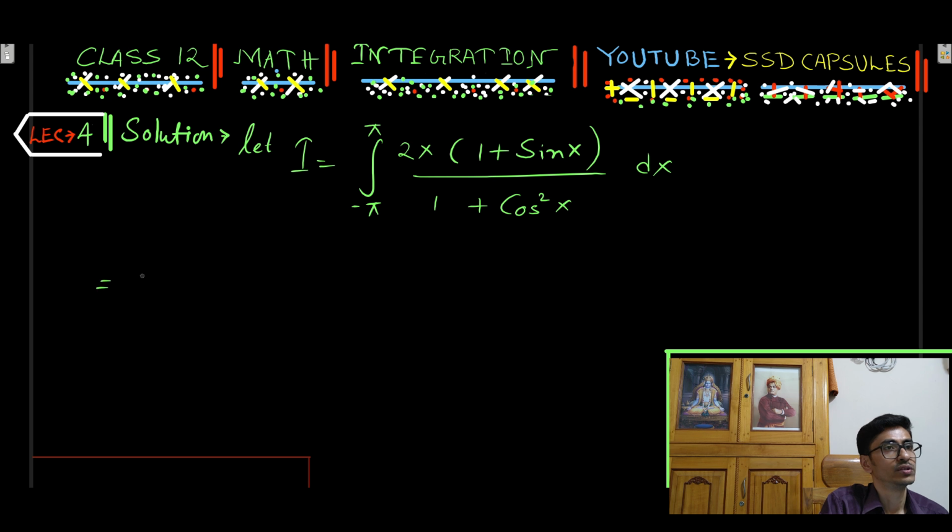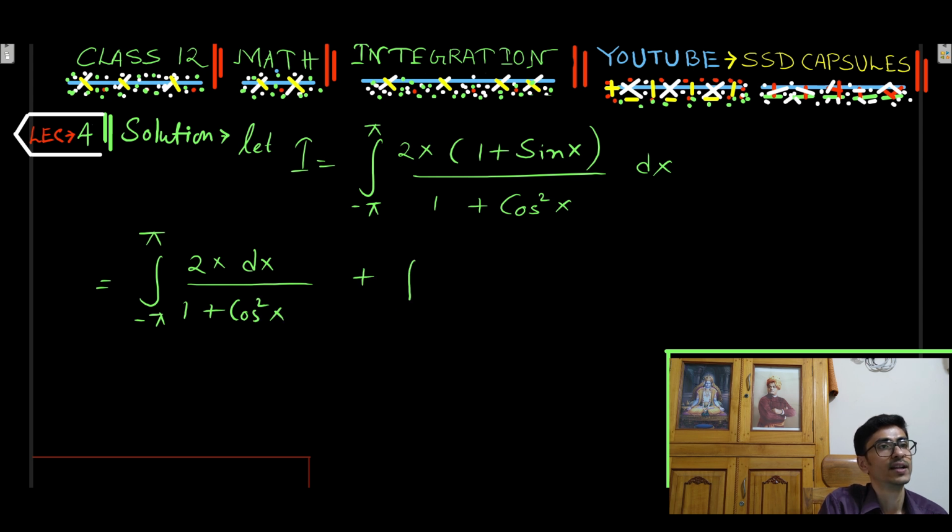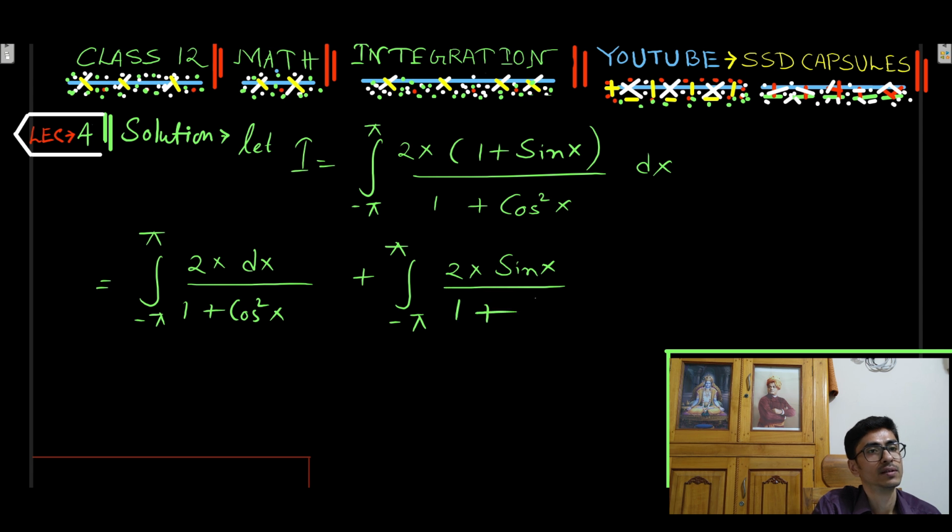Therefore, we will use the distributive law. So the integral from minus pi to pi of 2x dx by 1 + cos square x, plus the integral from minus pi to pi of 2x sin x by 1 + cos square x dx.